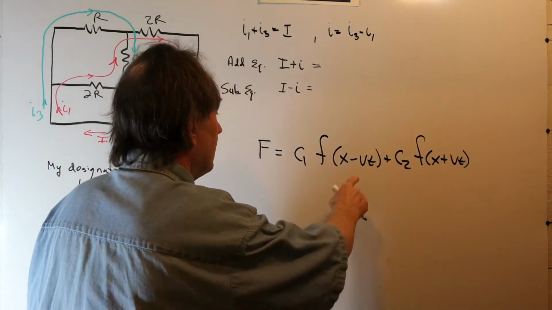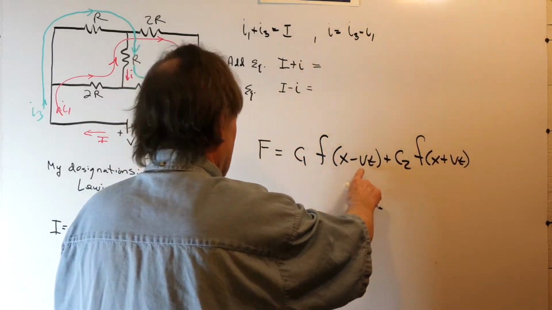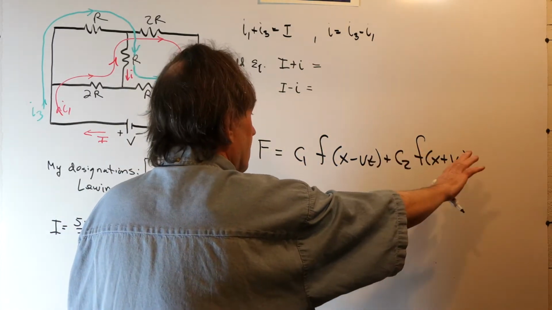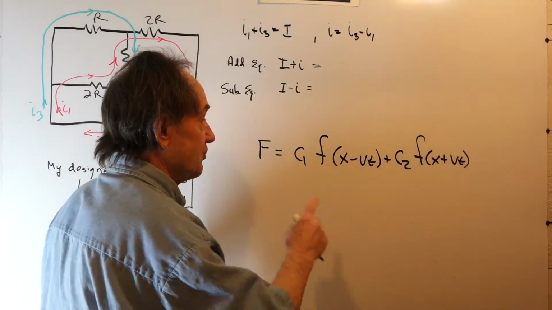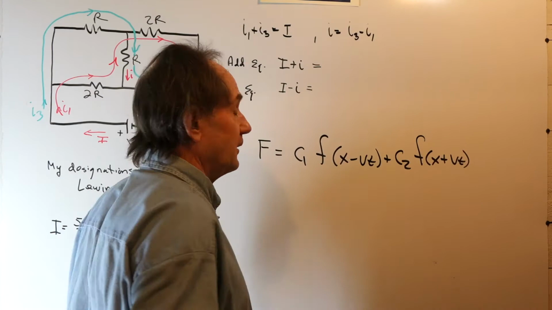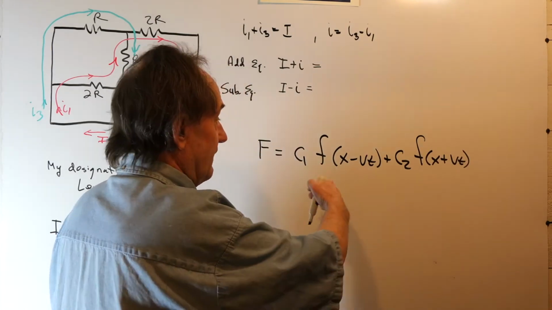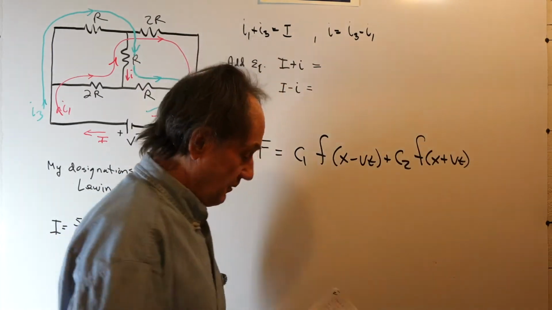Okay, where we guess the solution, and we're guessing that maybe the solution to the wave equation is two waves traveling in opposite directions with velocity v, that you have an incident wave and a reflected wave.